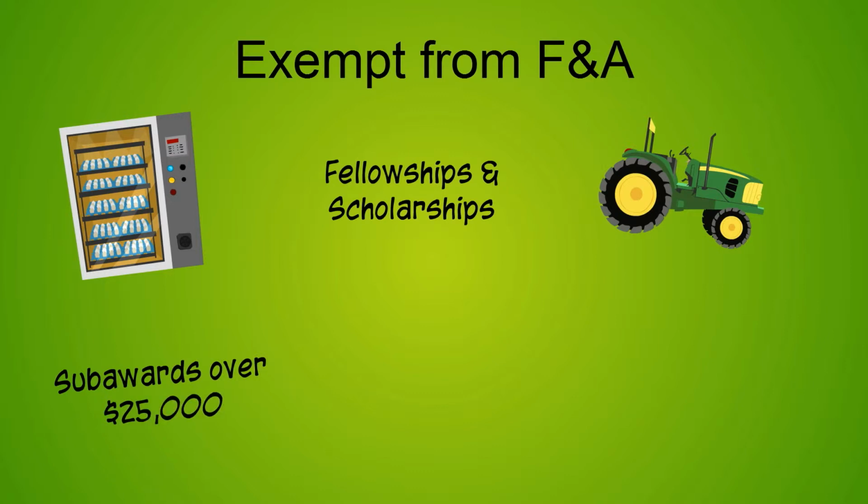So if you have a subawardee that is going to receive a total of $60,000 from the project, MSU will only charge F&A on the first $25,000 of that subaward. This is for the processing and management of the subaward documents. Graduate tuition and fees are also exempt from any F&A charges.